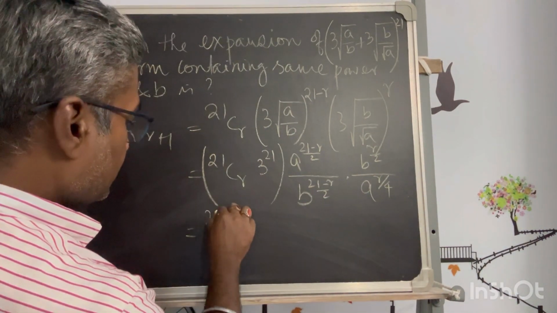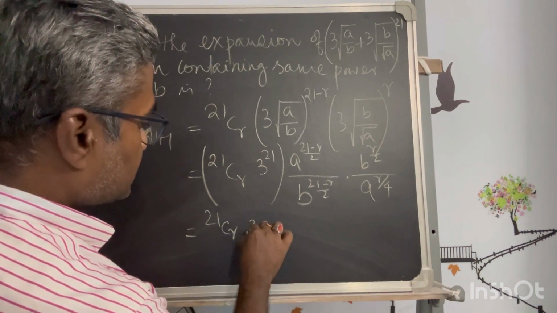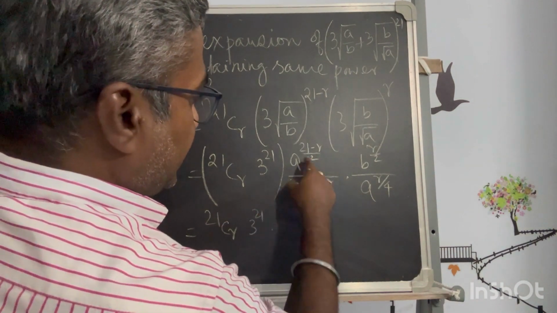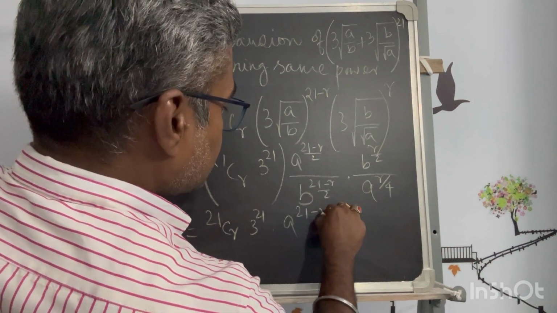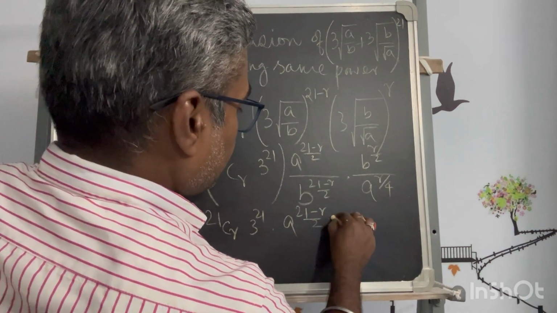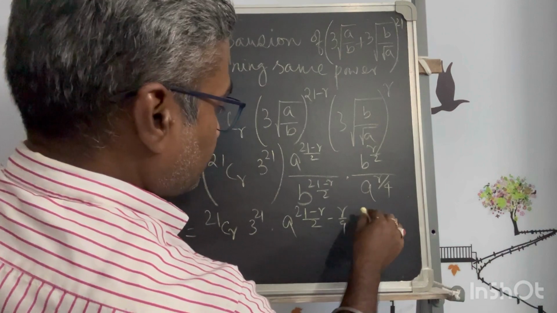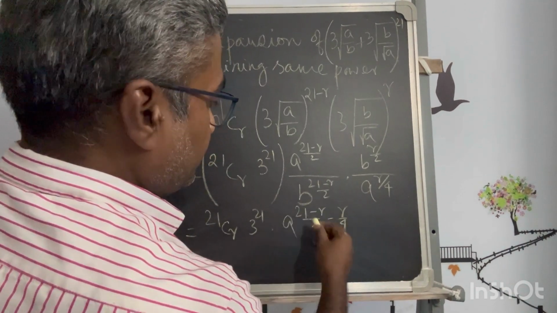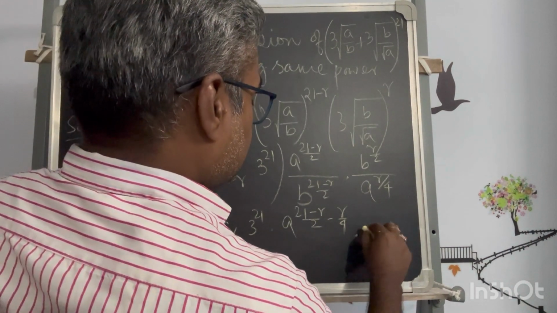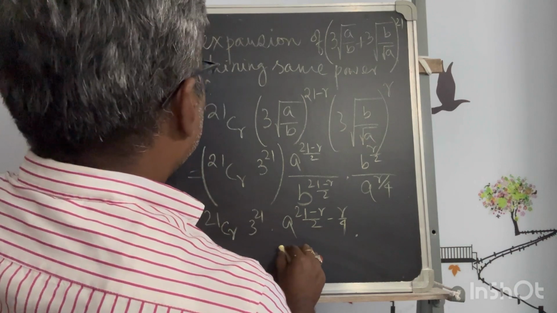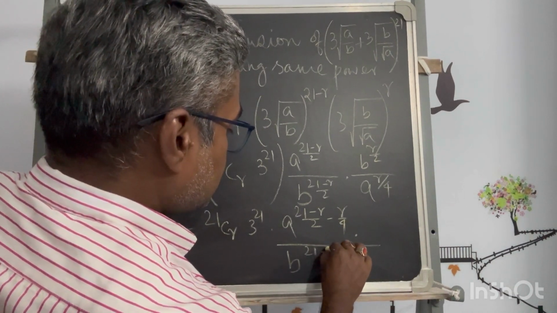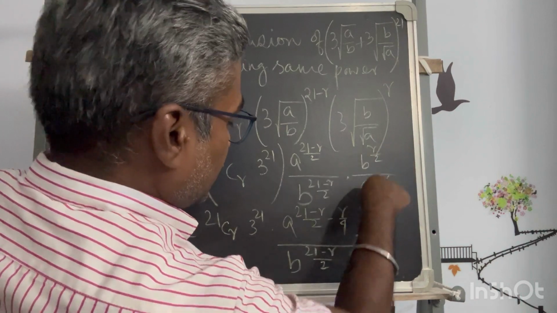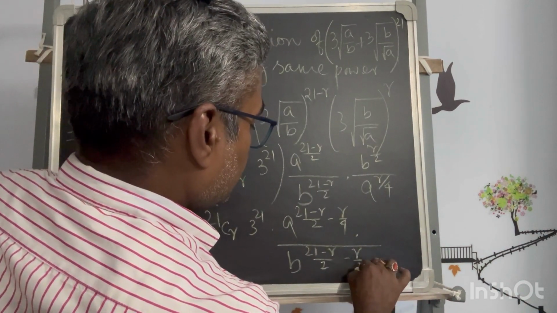Now keeping this the same, A power will be adjusted with A. So 21 minus r by 2 minus r by 4, because from the denominator it will go to the numerator. And if I adjust B, let's say B I am keeping below, 21 minus r by 2, and this will come down r by 2.